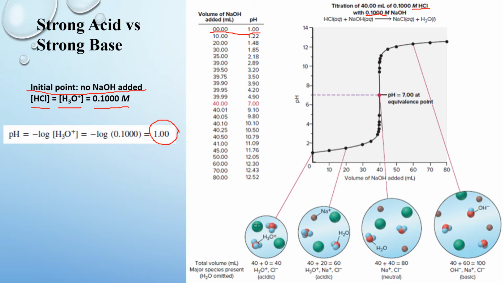If you look closely at this point, inside your system, all you have is the proton and the chloride. They both come from the dissociation of the strong acid, the hydrochloric acid.